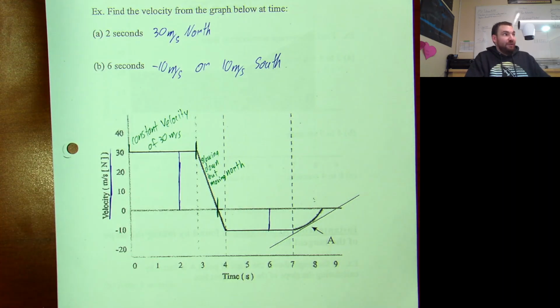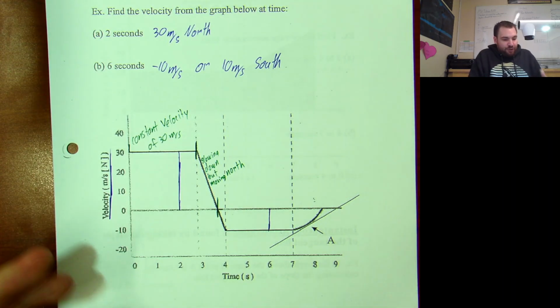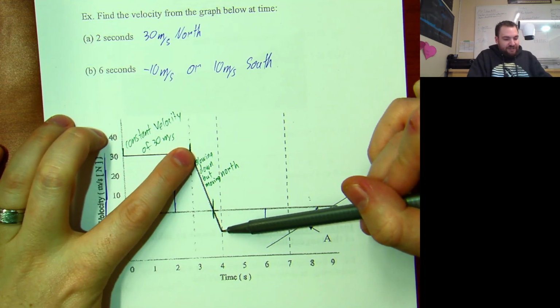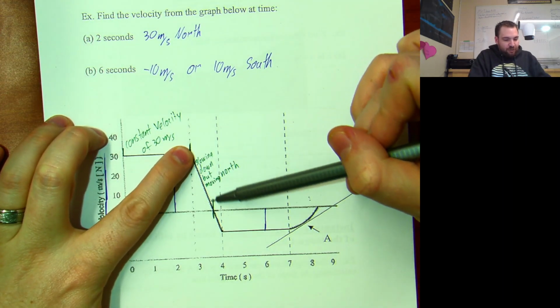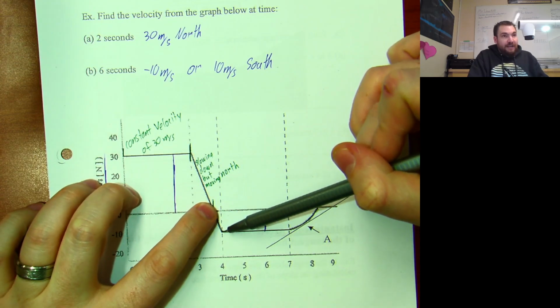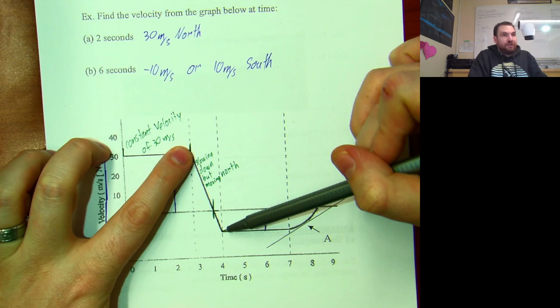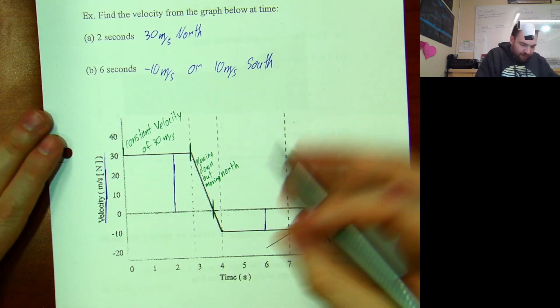So we're starting to see some relationships for this kind of graph now too. Because this is constant, we know our object is slowing down, and now we know that it's speeding up, and it's speeding up at the same rate it was slowing down because this line is straight, which tells us something that's going to be important here.